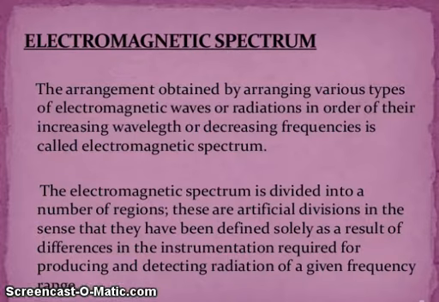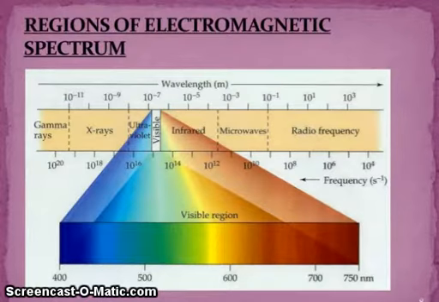The electromagnetic spectrum is divided into a number of regions, and these are artificial divisions in the sense that they have been defined slowly as a result of differences in the instrumentation required for producing and detecting radiation of a given frequency range.